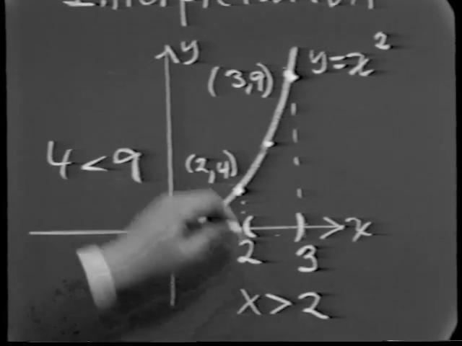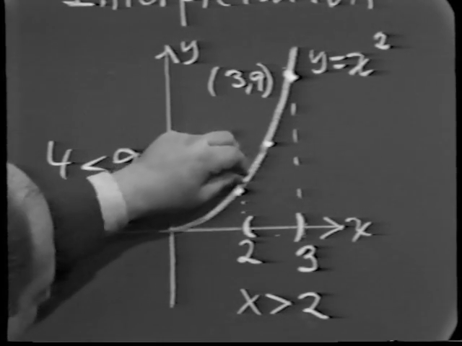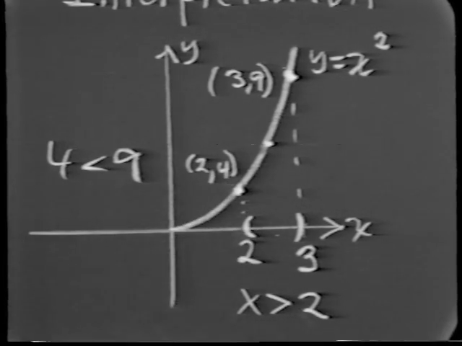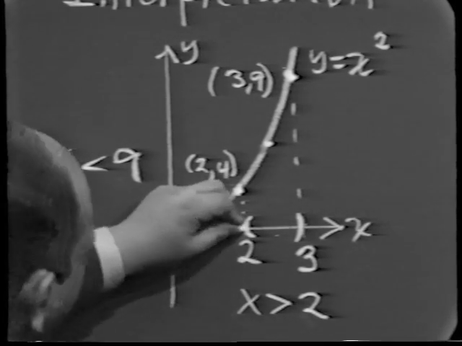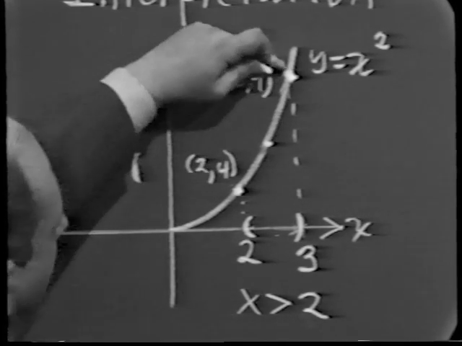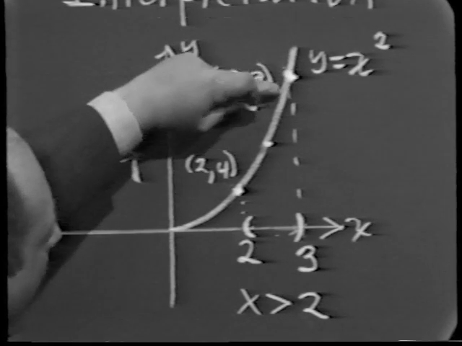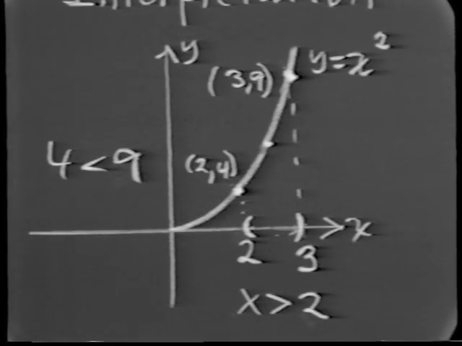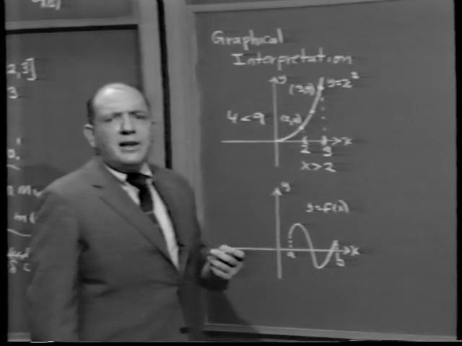There's a space there. No matter how low you get, as long as you're not exactly at 2, you can find a point that's lower. In the same way, as you move closer and closer to this point, if you exclude the point itself, no matter where you stop, you could always find a point that was a little bit higher.